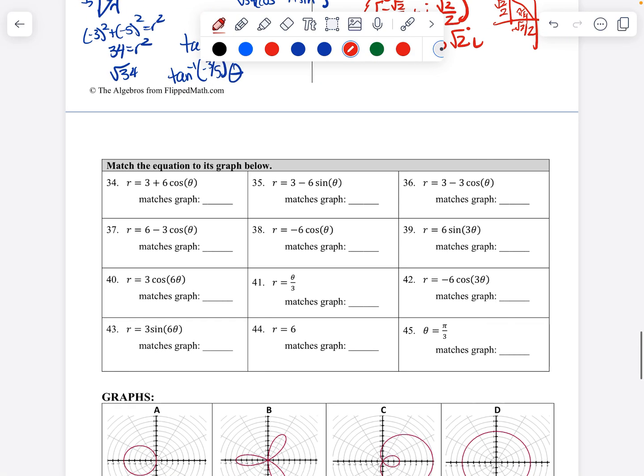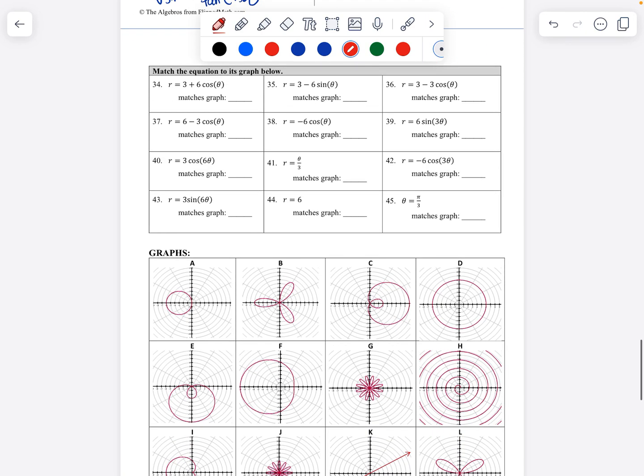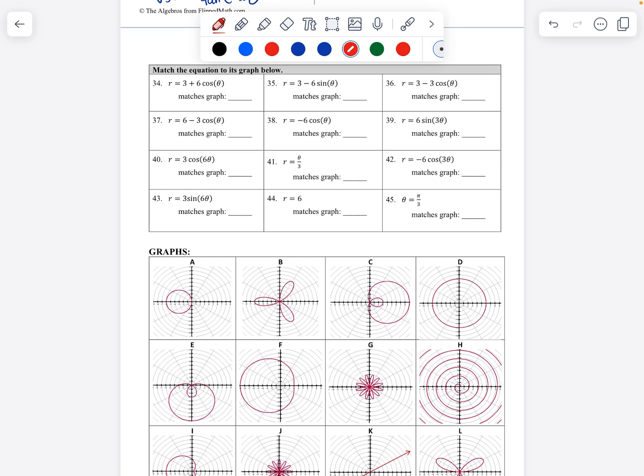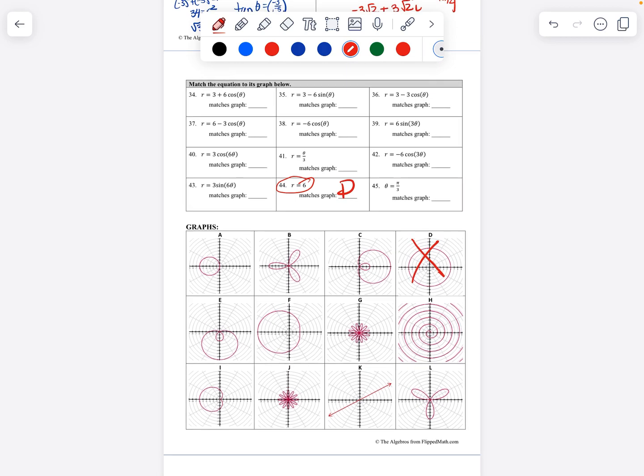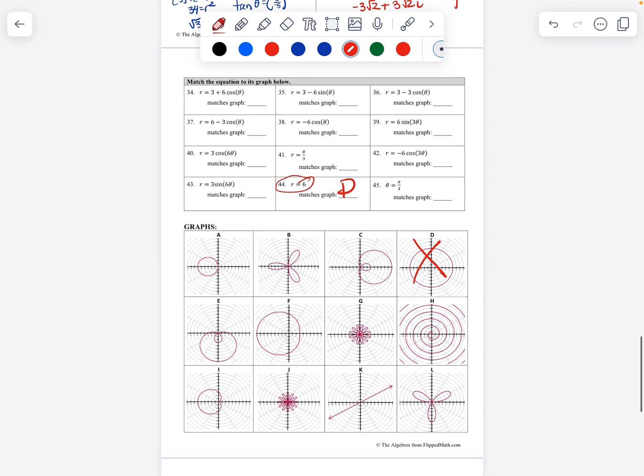Okay, and then let's do some matching. So I know radius equals 6. That's an easy one. Which one just has a circle with 6? Letter D. Let's see, what else looks like another one?